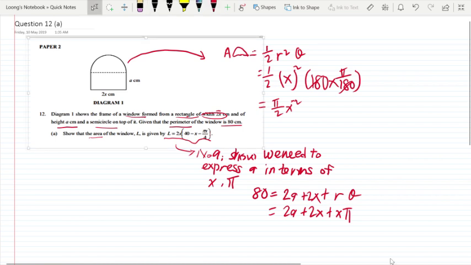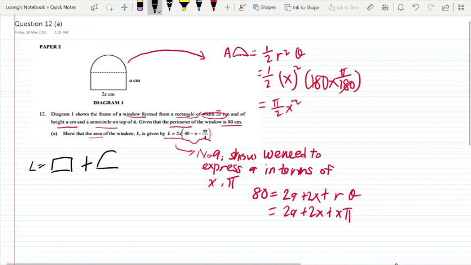And now we can start to express it. So the area is equal to the rectangle added with the semicircle. The rectangle part is 2x multiplied with a, and for the semicircle part we just copy it, which is pi over 2 x squared.